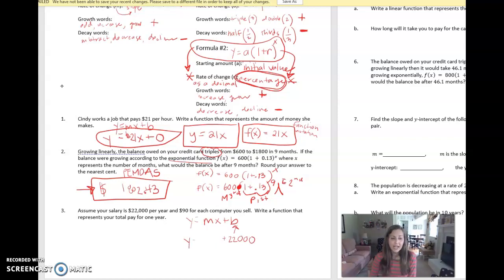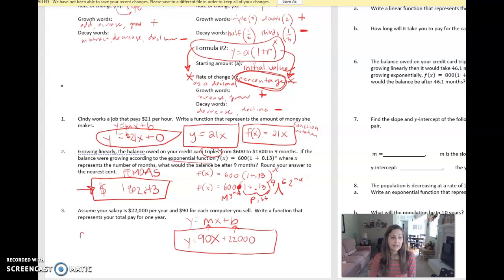But what does change is your rate of pay based on the number of computers you sell. You're going to get $90 per computer, and here x would be the number of computers. So this is your answer: 90 is your rate, and 22,000 is your starting point.